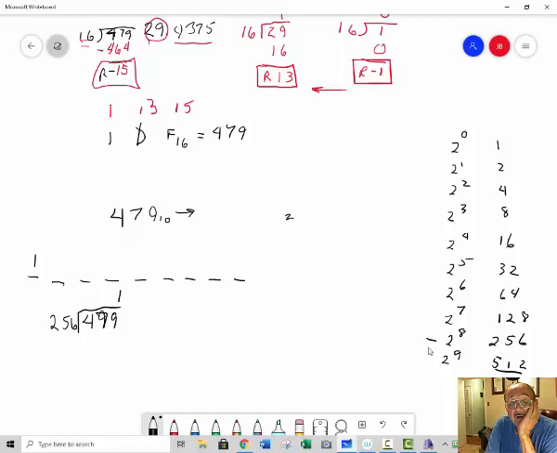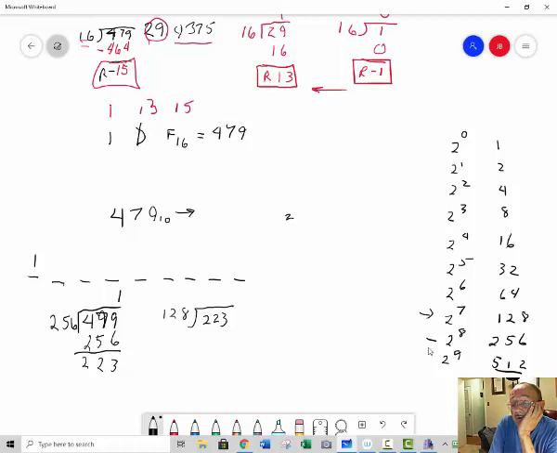What's my remainder? What is 256 times 1? Well, that's 256. So if I subtract those, that's 3, that's 2, and that's 2. Well, I need now to divide 223. Well, 256 won't go in, so we're going to use 2 to the 7th.